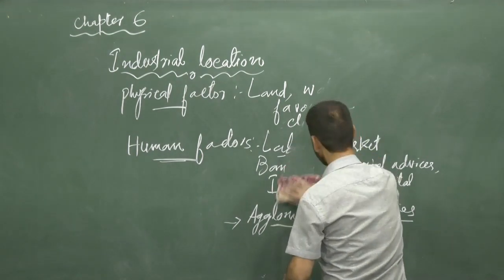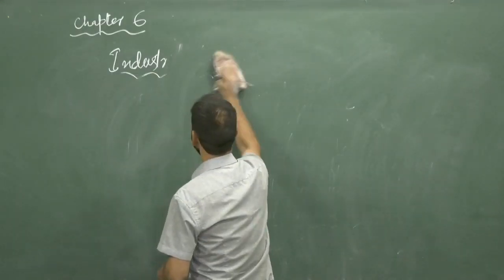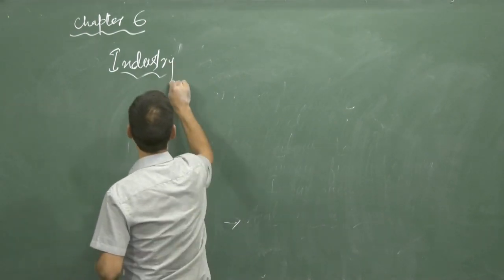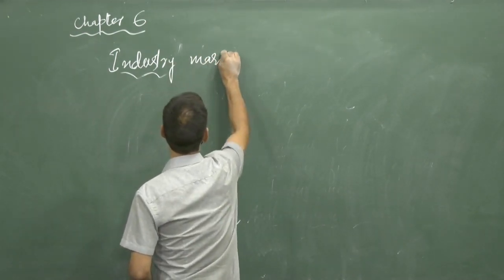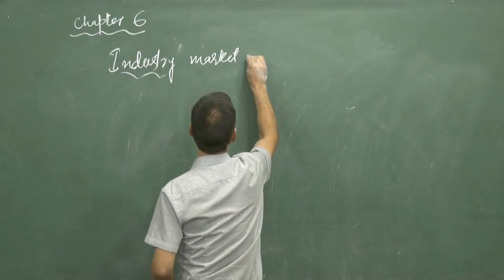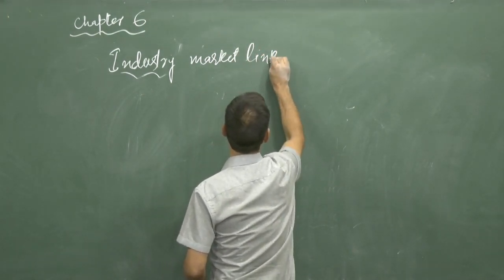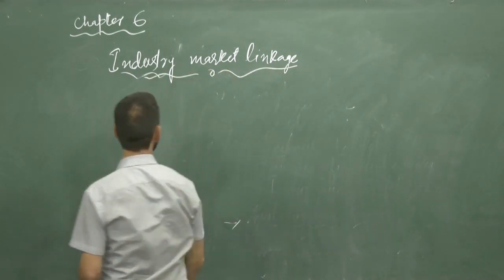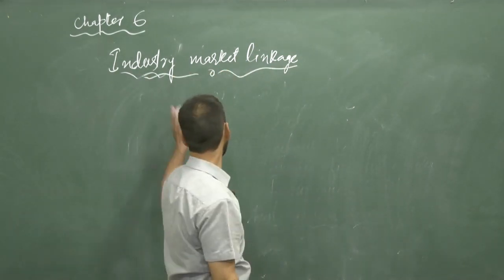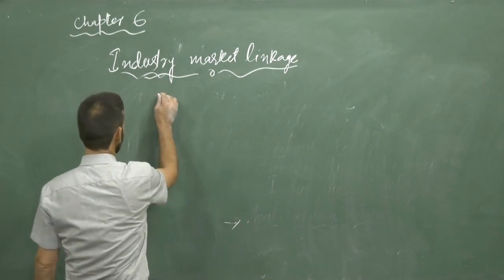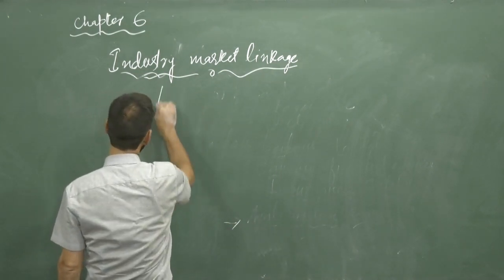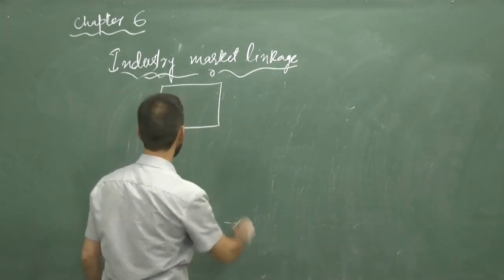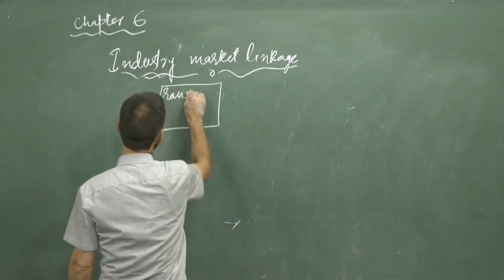Industry market linkage. What is the relationship between industry and market? First of all, what is the requirement for the industry? That is raw material.